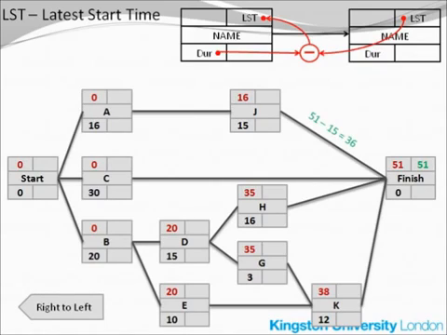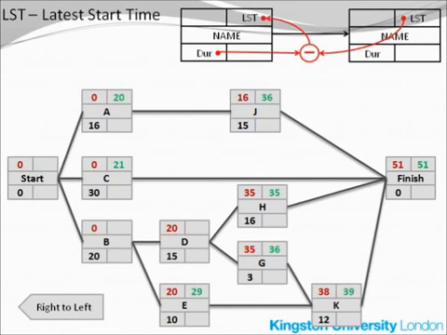The duration of activity J is 15. 51 minus 15 is 36, the latest start time for activity J. 36 minus the duration of activity A, 16, is 20, the LST for activity A. Similarly, 51 minus 30, the duration of activity C, is 21. 51 minus 16 is 35 for activity H. 51 minus 12 is 39 for activity K. 39 minus 3 is 36 for activity G. And 39 minus 10 is 29, the latest start time for activity E.